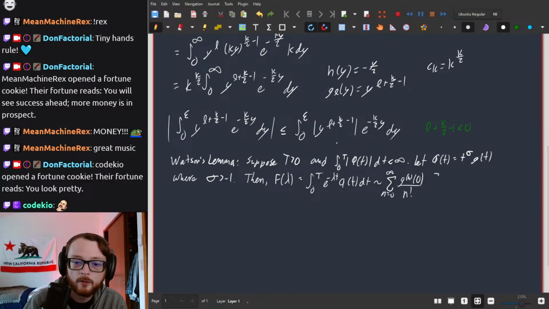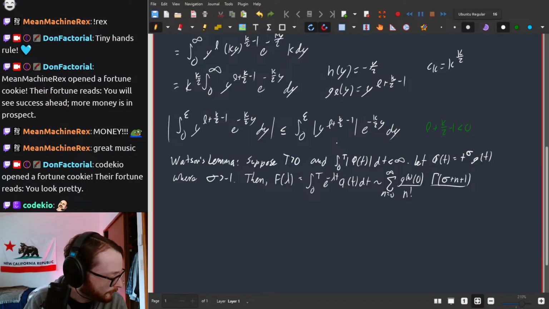Factorial, gamma sigma plus n plus 1. Lowercase sigma is so hard. So is uppercase sigma for that matter.